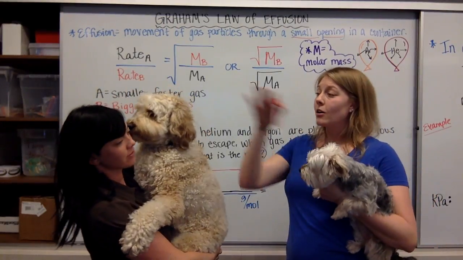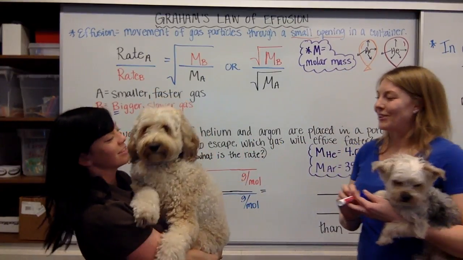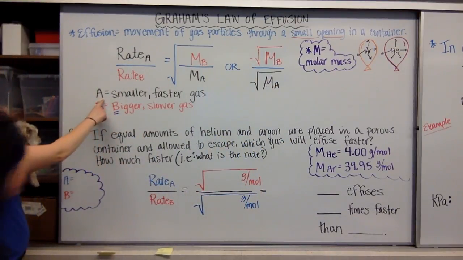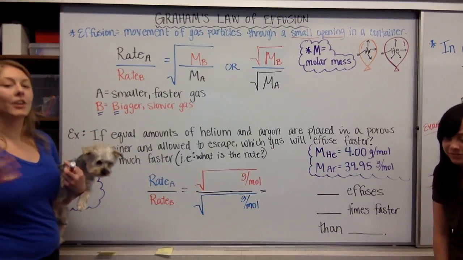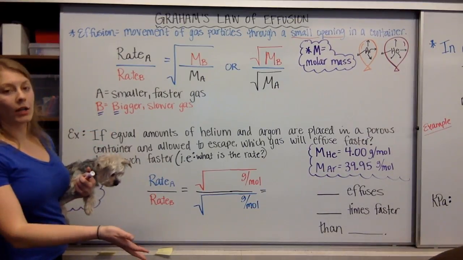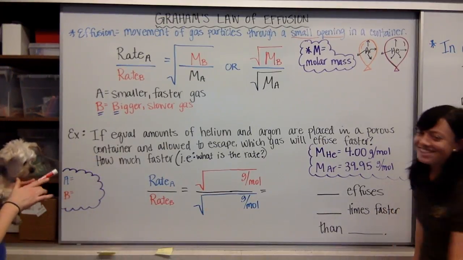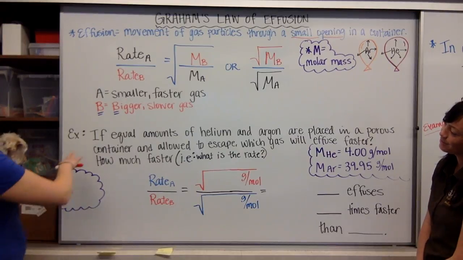The smaller dog or the bigger dog? Typically, the smaller dog is going to be faster. Wally's not very fast. So when we're talking about gas A, it's the smaller, faster gas. Gas B is the bigger gas that moves slower. It's Wally. The bigger gas is moving slower. Not to say he's a little overweight. It's okay.